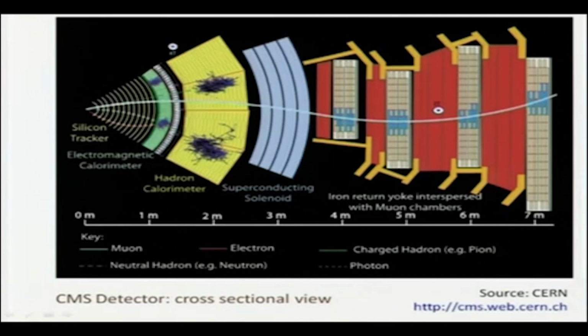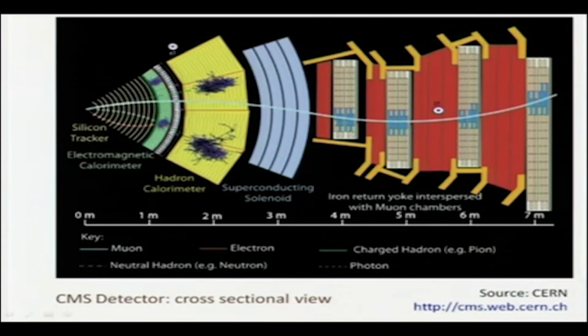Whereas charged hadrons, the green solid line, are bent and go past the electromagnetic calorimeter and get absorbed in the hadron calorimeter. The electrons, which are the red lines here, are bent in the silicon tracker and get absorbed completely in the electromagnetic calorimeter.